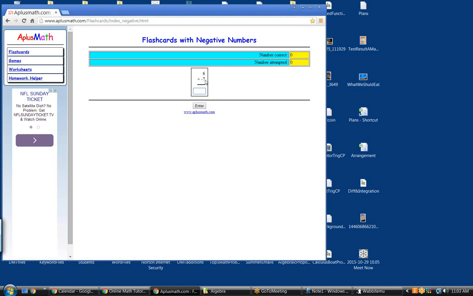What is 6 plus a negative 7? I'll put the answer in, but when you're doing it on your own, you'll want to put the answer in. Okay? When you're adding a positive number and a negative number, what do you do?